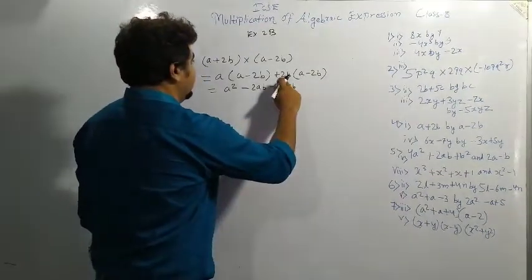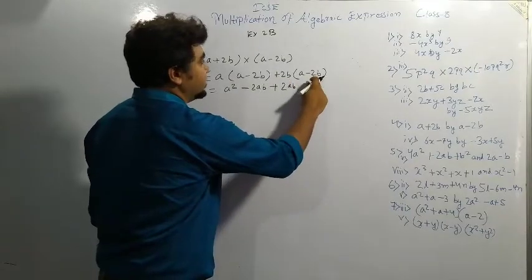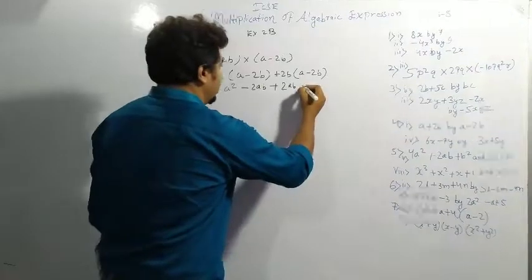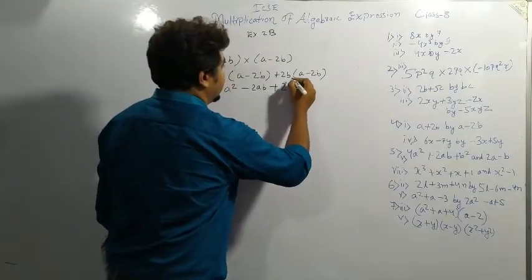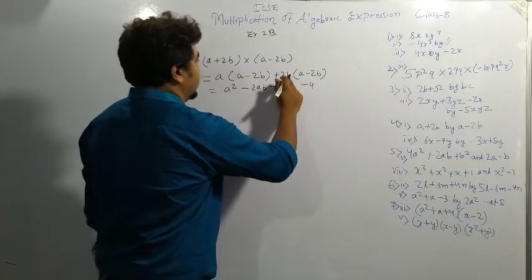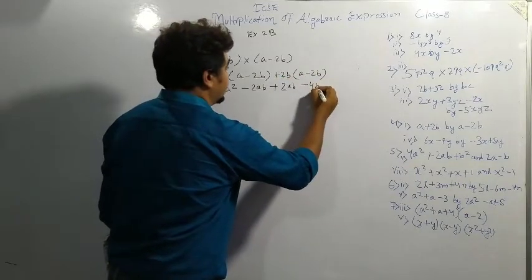Now 2b into minus 2b, here one minus sign is there, that will become minus only. Now 2 into 2 is 4, and b into b is b square.